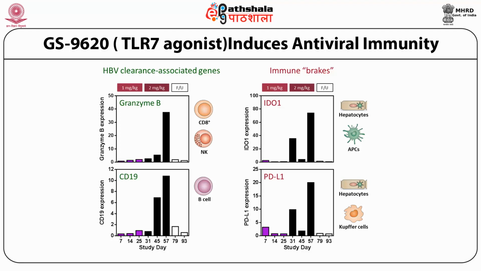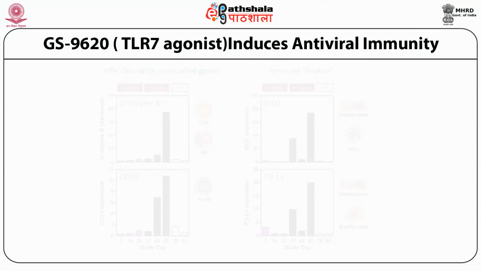It increases the immune checkpoints, with more PD-L1 expression on hepatocytes and Kupffer cells. So the TLR7 agonist induces antiviral immunity through monocytes, NK cells, Kupffer cells, and CD8 positive T cells.